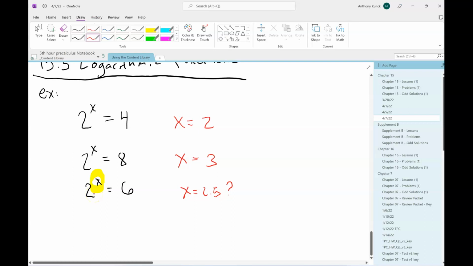So what a logarithm is really answering is, what exponent, or let's say what power of 2 is 6, right? That's essentially what we're trying to answer here. Everybody agree?